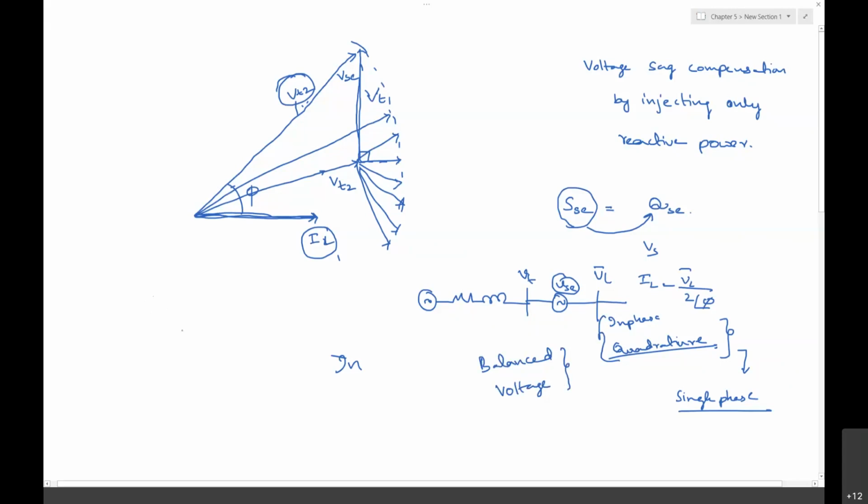If I draw a three-phase diagram, with the magnitude reduction in all the phases the same, and the phase angle also the same.